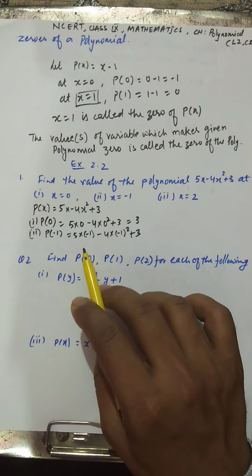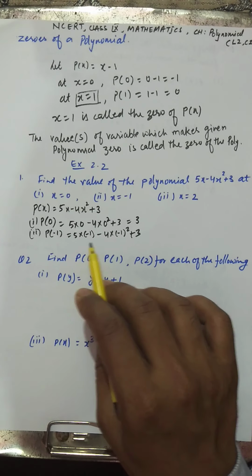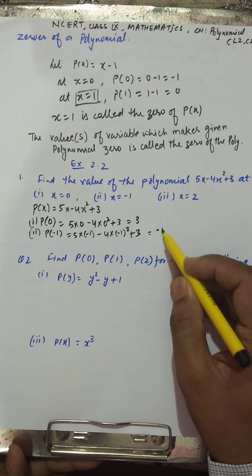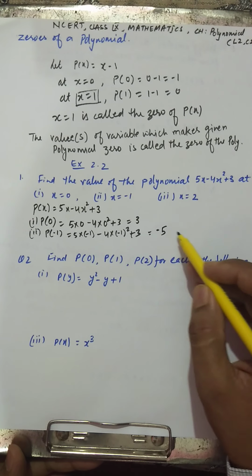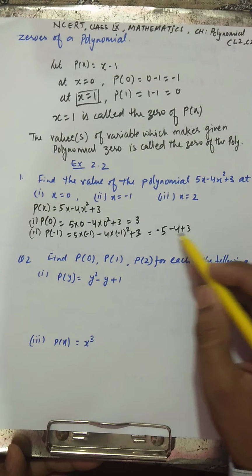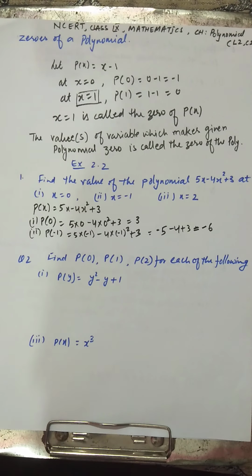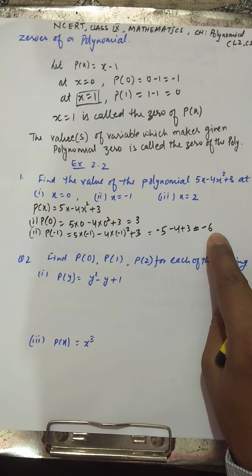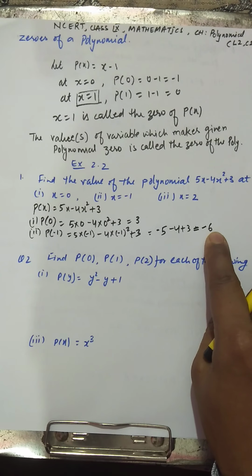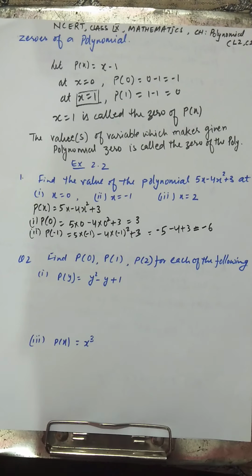That is a very important point. So this is minus 5, minus 4, and plus 3, so minus 9 plus 3 is equal to minus 6. Again x equal to minus 1 is not a zero of the polynomial. This minus 6 is the value of the polynomial at x equal to minus 1.